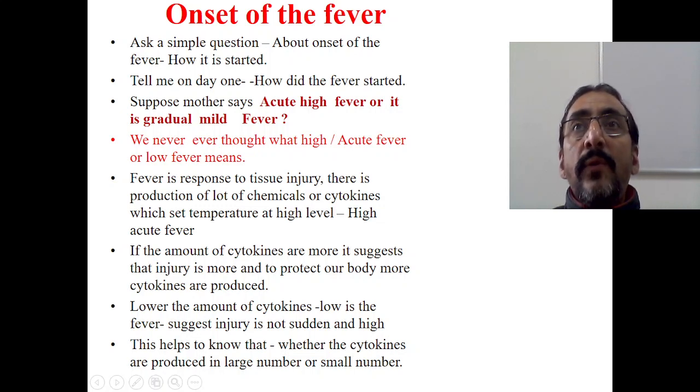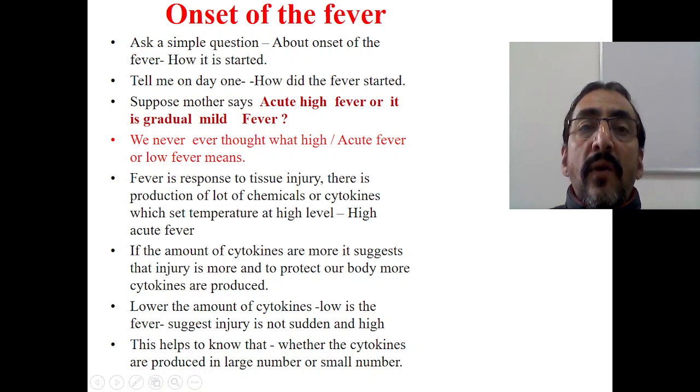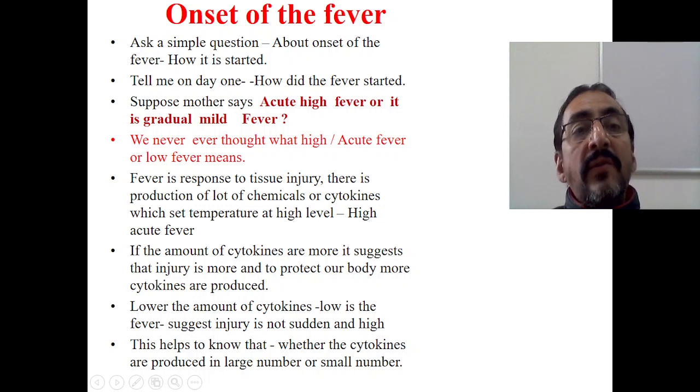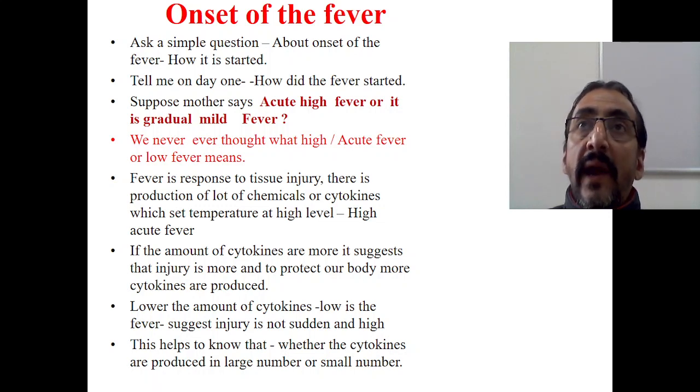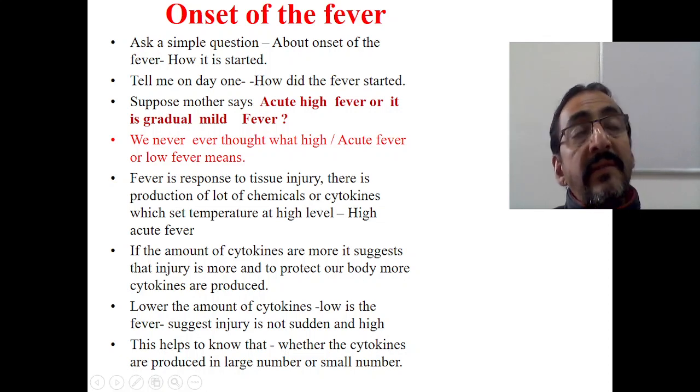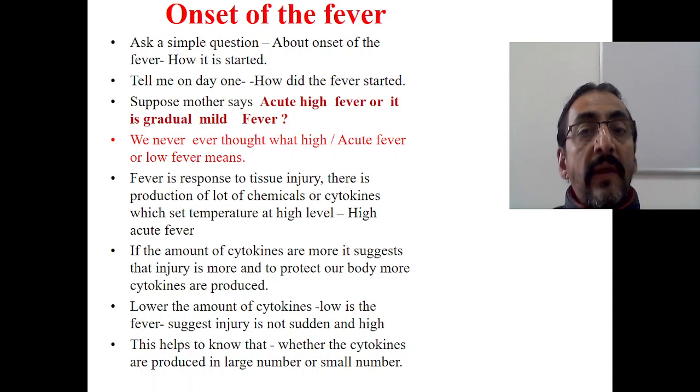We never thought about what is high or acute fever, or what is low or mild fever. Now we have to think, suppose the mother says it is acute fever, suppose the mother says it is a mild fever, then what is the cause of this acute fever and what is the cause of this mild fever? How to understand this medically? Fever is nothing but a response to tissue injury, and there is production of a lot of chemicals or cytokines which will set the temperature at a higher level.